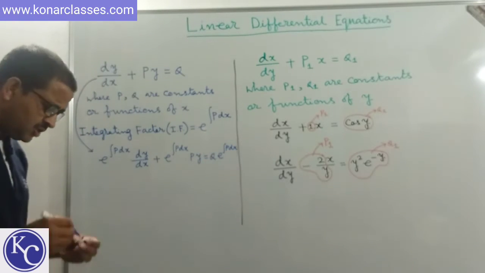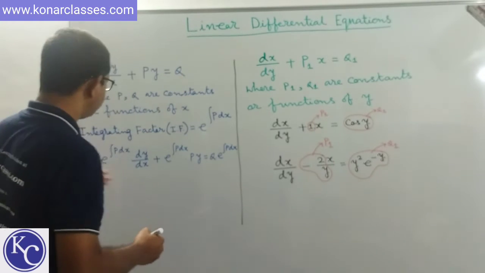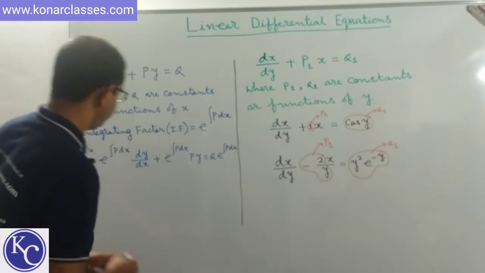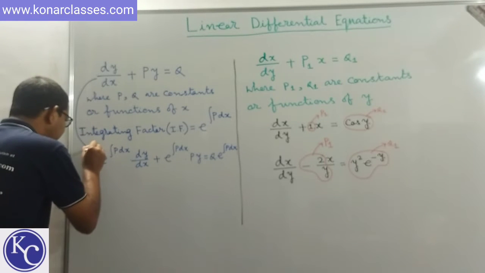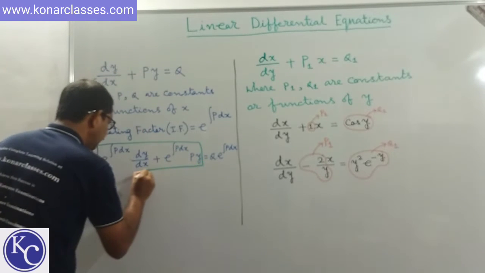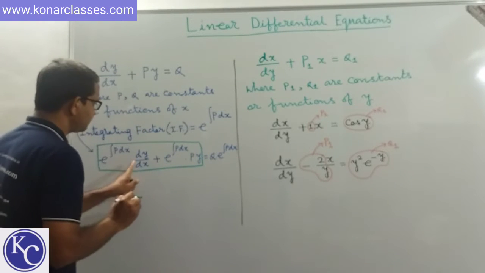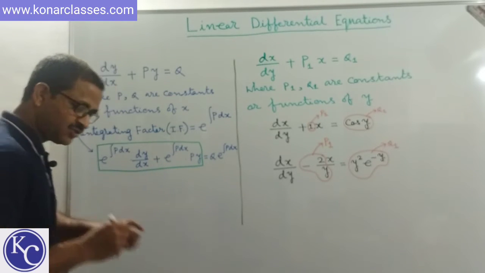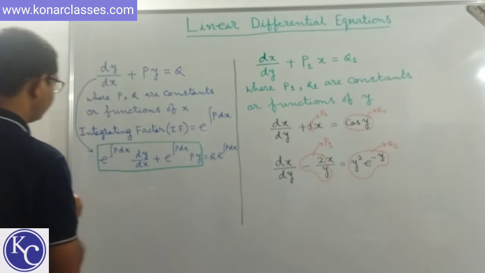Correct? You may wonder why this has been multiplied, what we are going to achieve. And here's the most important point. If you look at this left hand side, e power integration p dx into dy dx plus e power integration p dx into py, it actually gives us something very meaningful.